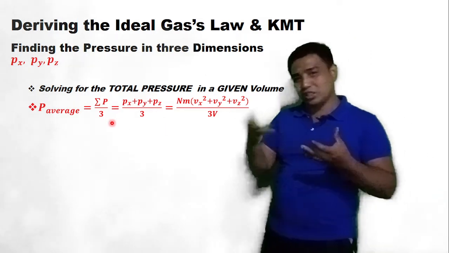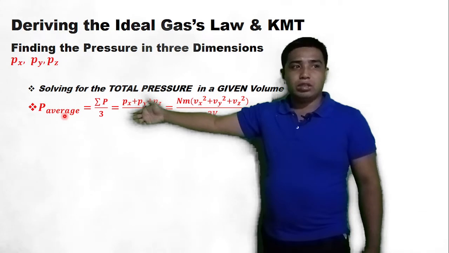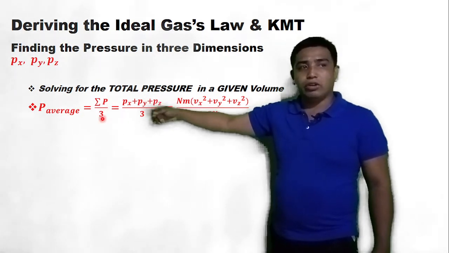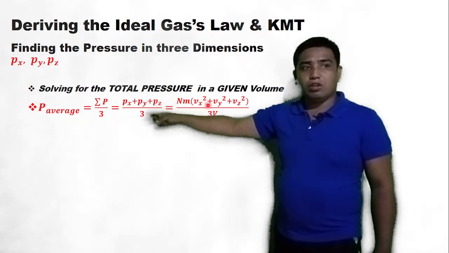Using some statistics, we can rewrite the average pressure. P average is equivalent to the sum of the pressures all over 3, which is equivalent to px plus py plus pz all over 3.